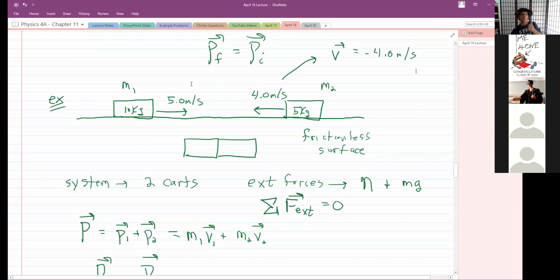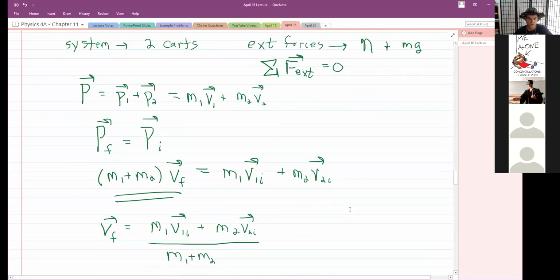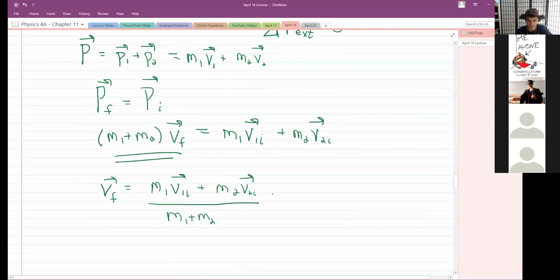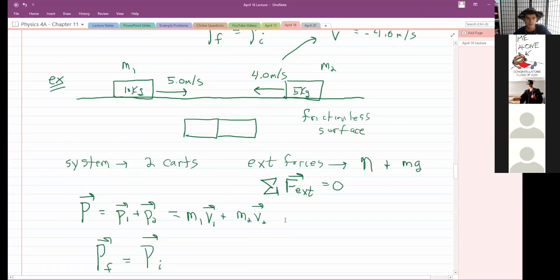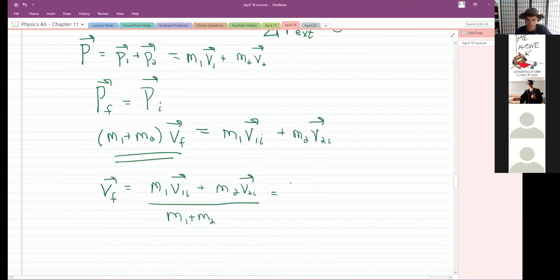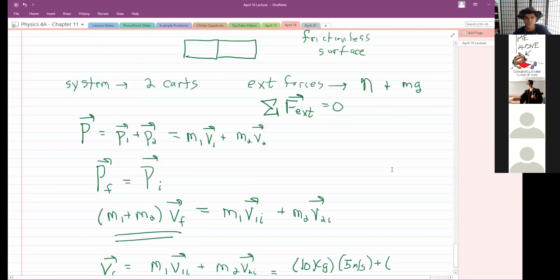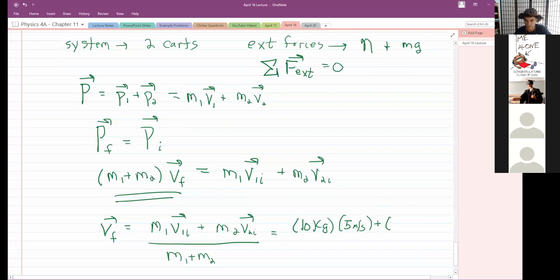My initial velocity for mass 1 is plus 5 meters per second. My initial velocity for mass 2 is -4 meters per second. So when I plug in these values, I have 10 kilograms times 5 meters per second plus 5 kilograms times -4 meters per second, divided by 15 kilograms.